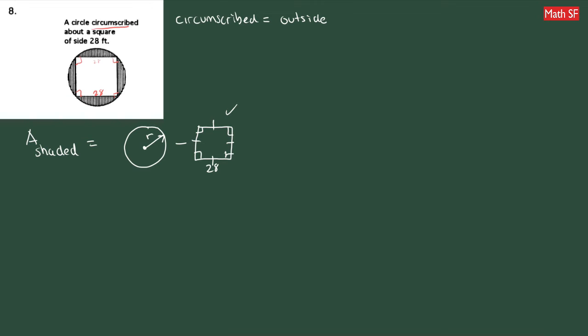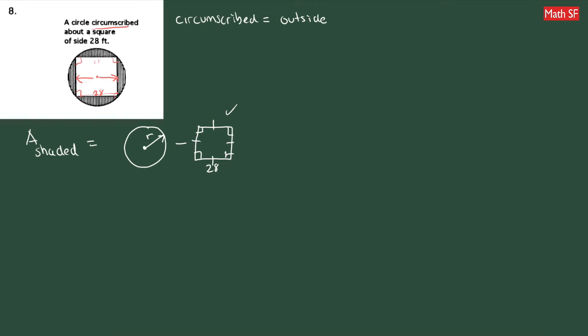We have that one, but we do not have the radius. How am I going to find the radius? Well, there's probably something that we can do with this 28. Recall that this is a square. If from here to here is 28, every side is 28. So the center is around here. And from here to here, be careful, from here to here is 28 as well.